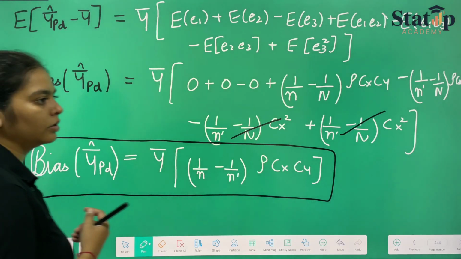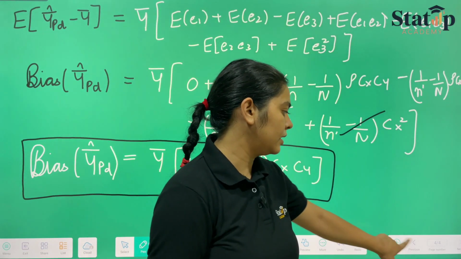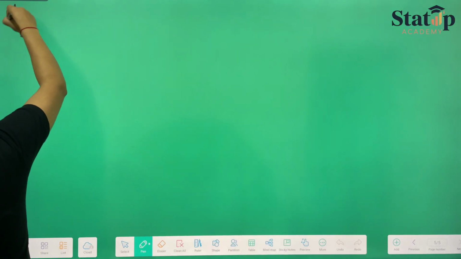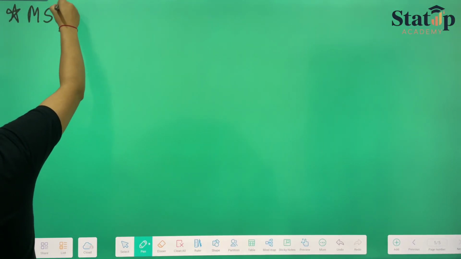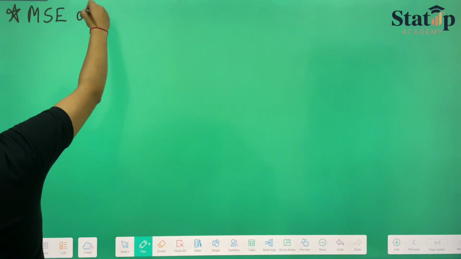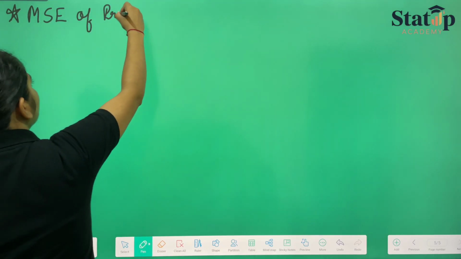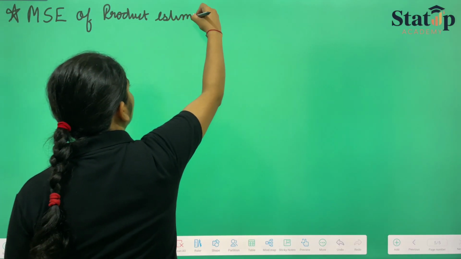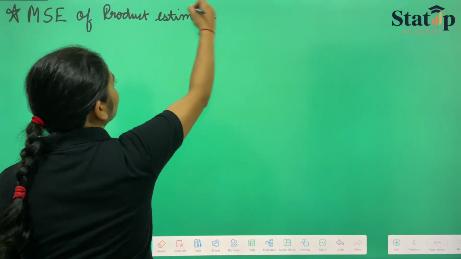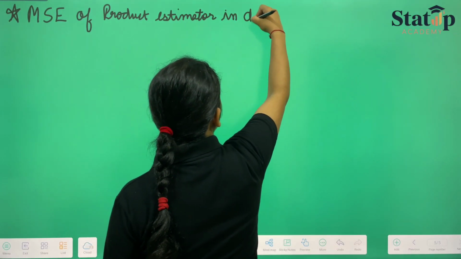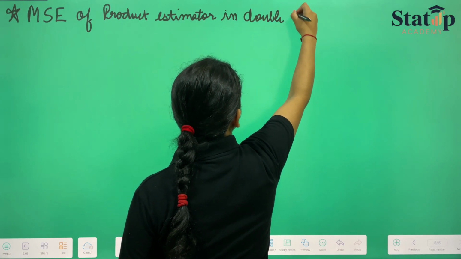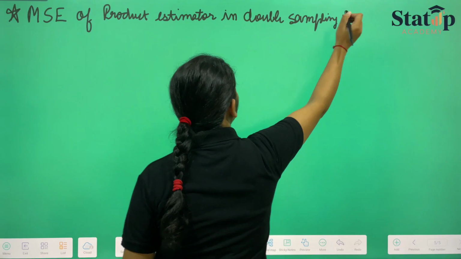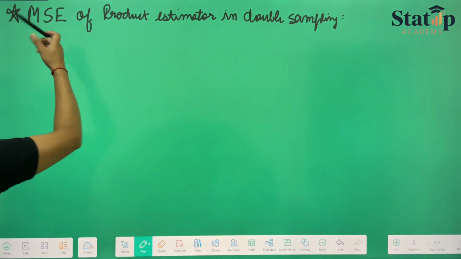Now after the estimation of the bias, we will check for variance or MSE. Mean squared error of product estimator in double sampling. Now what is mean squared error in product estimator?